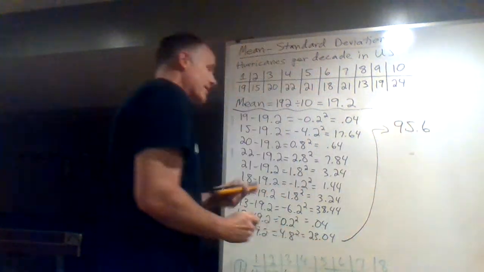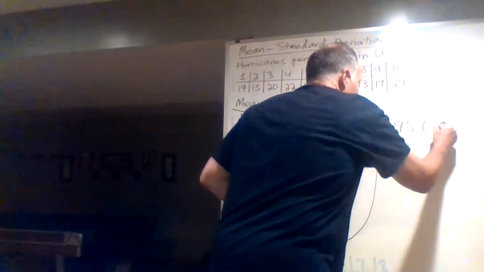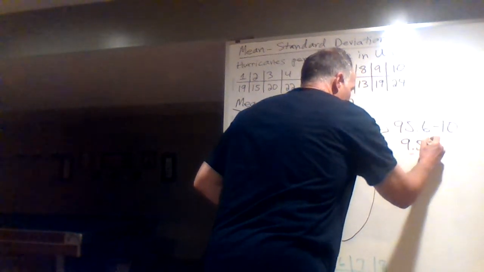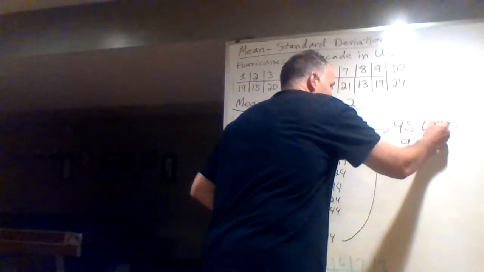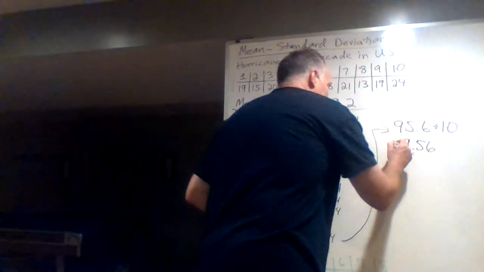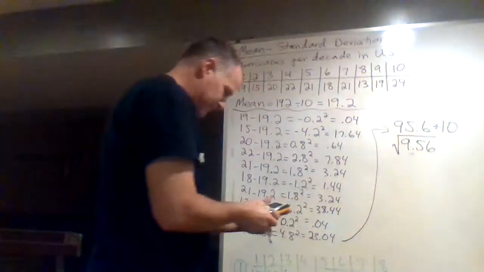95.6. But guys, remember, we have 10 variances here, so kind of like we did with the mean, we're going to divide that by 10. That just moves the decimal point over one. Then, to get the standard deviation, the last step is to square root that.